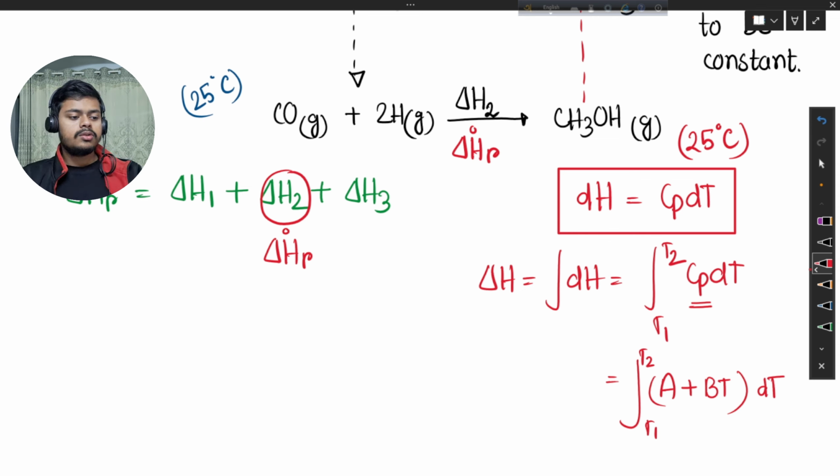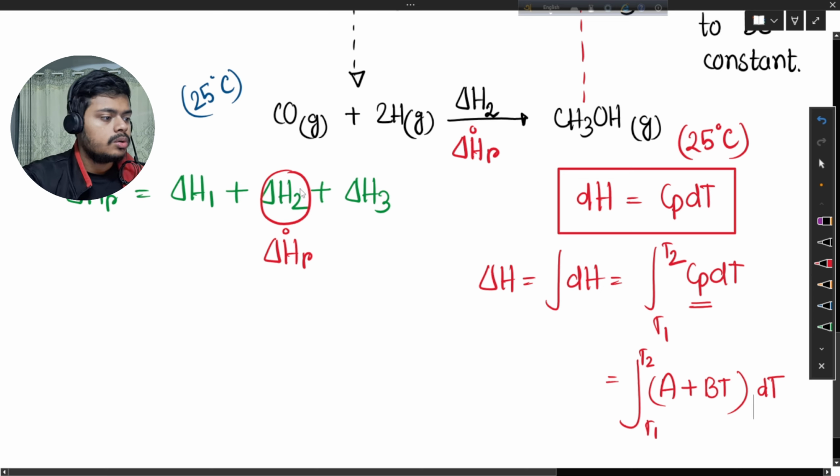These sort of integrations are really elementary for us now. We're going to calculate the enthalpy changes using these equations, then calculate the heat of reaction at standard condition, and then add all these enthalpies.